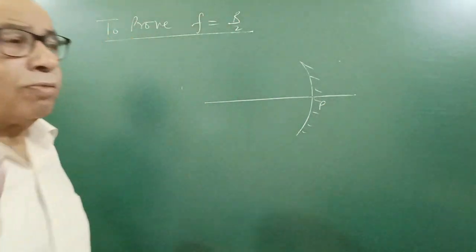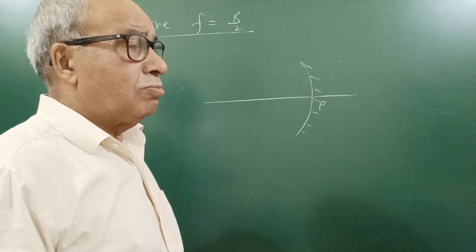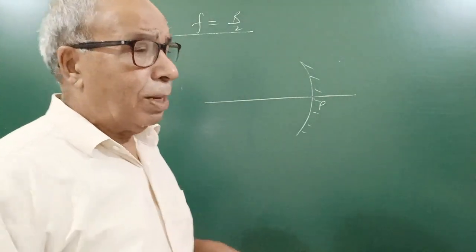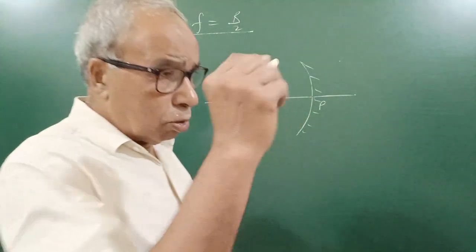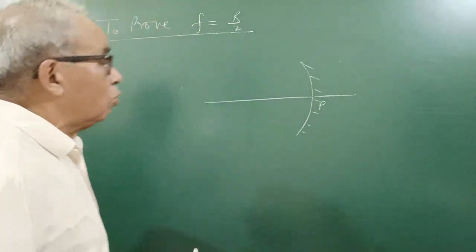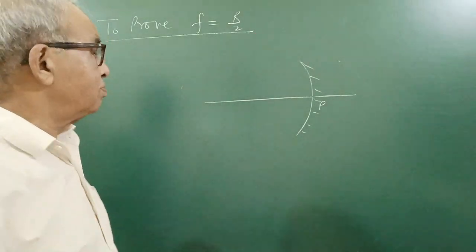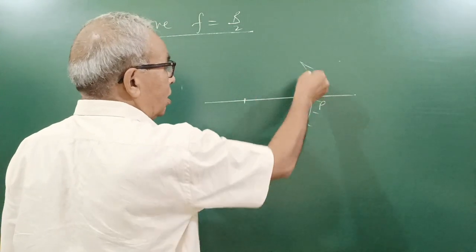First of all, you are requested to draw the diagram neatly. In board exam, use your pencil and compasses, carbon pencil. Don't use pen in drawing the diagram, because if it goes wrong, you will have to cut and that makes a very bad impression. So this is suppose C.